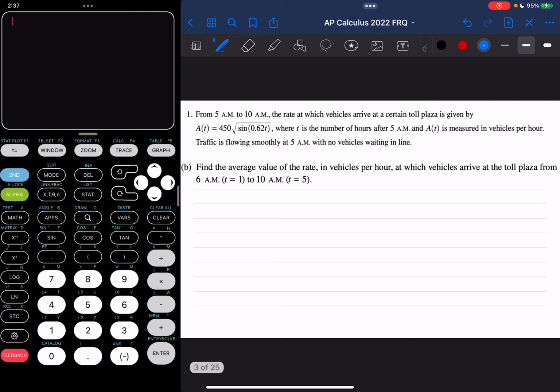For part B, it says find the average value of the rate. So the key thing is, we want the average value of what? Of the rate. So we want the average value of this function right here.